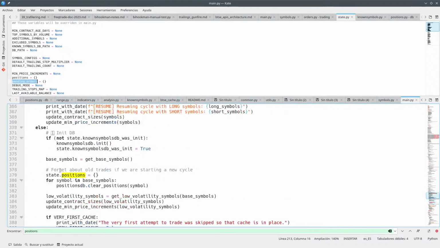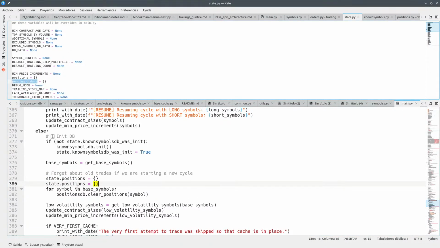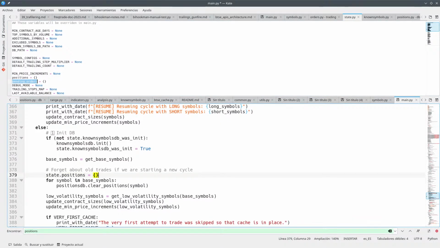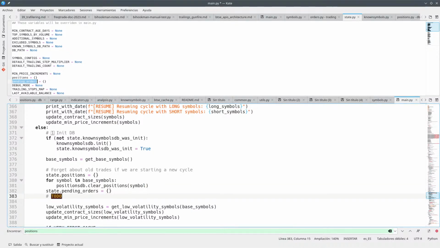Is there anything else? Forget about all trades if we are starting a new cycle. So this is something that we need to be checking if this makes sense or not, but I think it makes sense. So you want to be forgetting about the pending orders, and this should be something like to do clear pending orders in the DB.